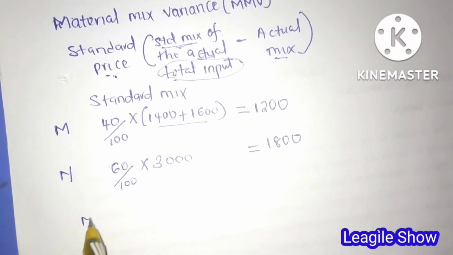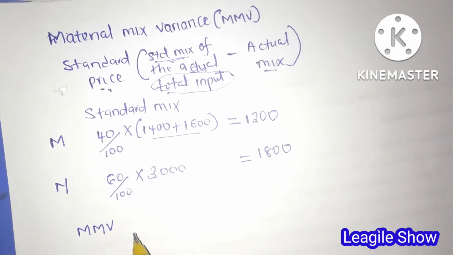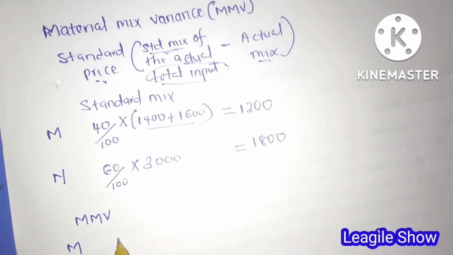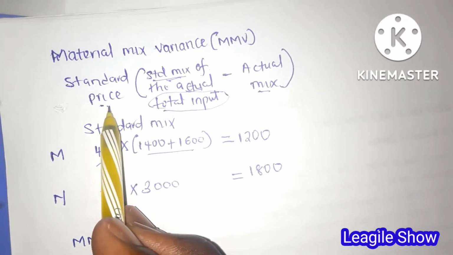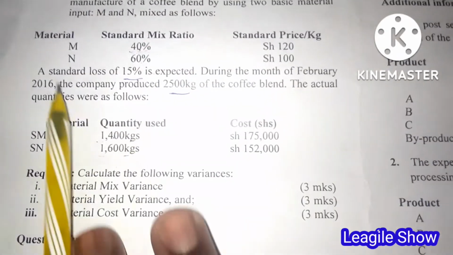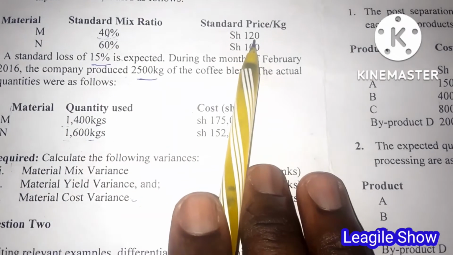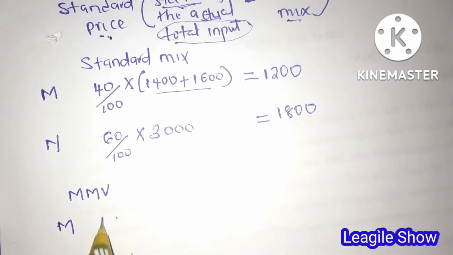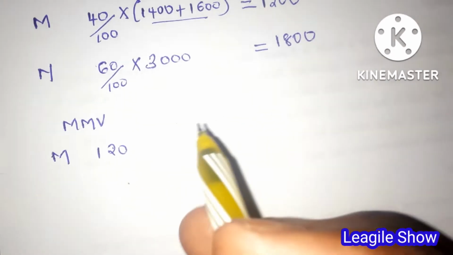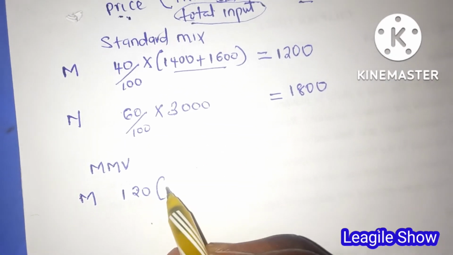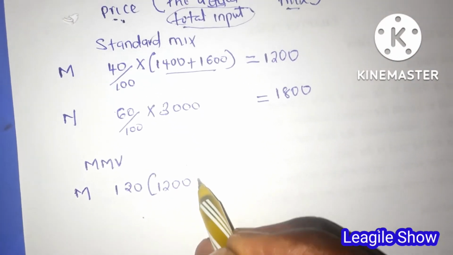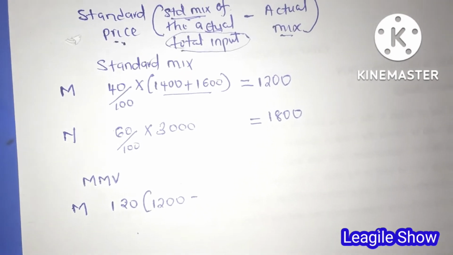So the material mix variance for the two materials will be, for M, we are getting back to our formula. What is the standard price for material M? We go back to our question. The standard price for M was given to be 120. So it will be 120 into the standard mix for M, which was 1,200, minus the actual mix.